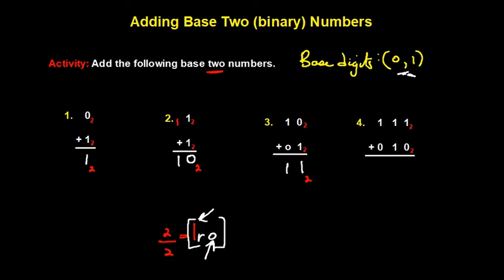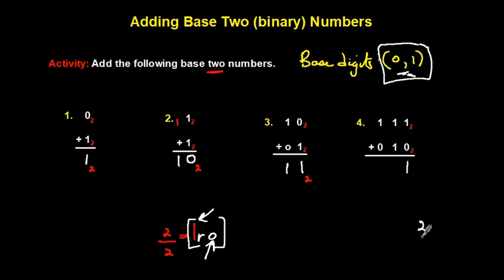Moving along. 1 plus 0, 1. It is safe to put down a 1 because you have 1 in the set of base 2 digits at the top there. 1 plus 1, that is 2. But is 2 a part of the base 2 digits? No, 2 is not a part of that, so we can't put down 2 right here. So we'll put the 2 here separately to analyze it now.